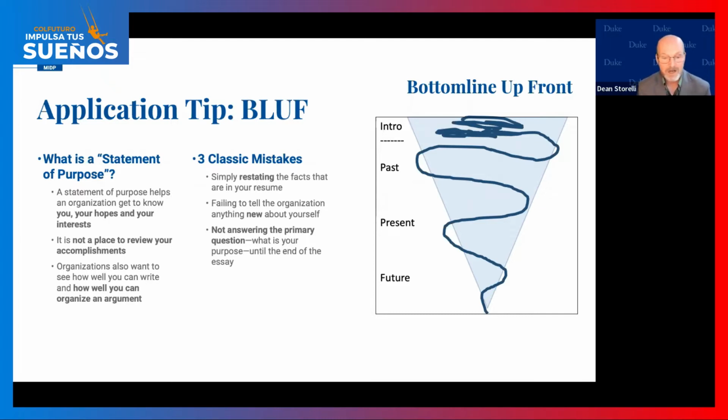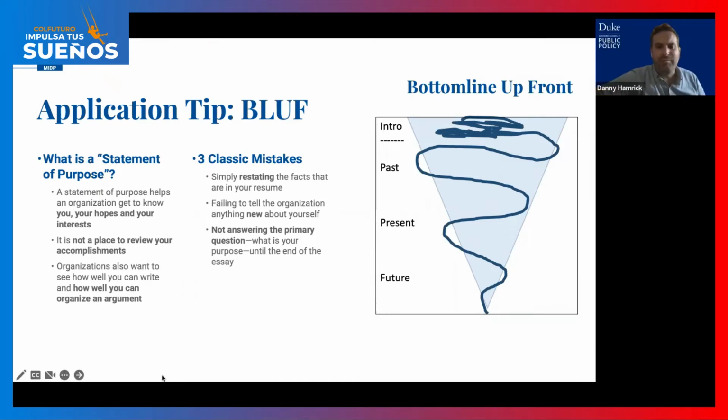And in particular, I want to get better at these three skills or this body of knowledge. So start with your bottom line up front, and then talk about that purpose in terms of your past, present, and future. Don't just rehearse your resume. And that's it for statement of purpose.